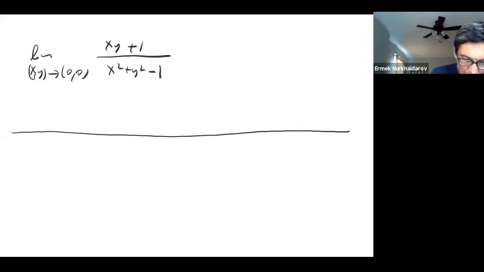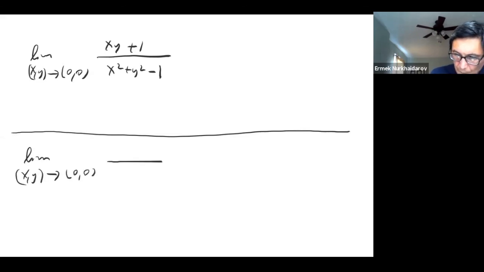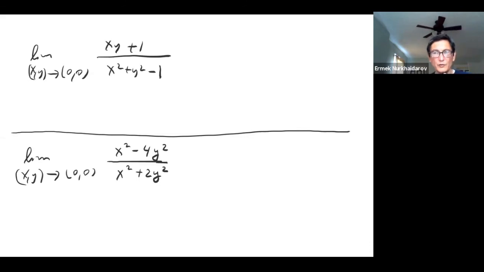And the second, limit x, y is approaching 0, 0 of x squared minus 4y squared over x squared plus 2y squared. Okay, so I'm going to give you a couple minutes to work on them.